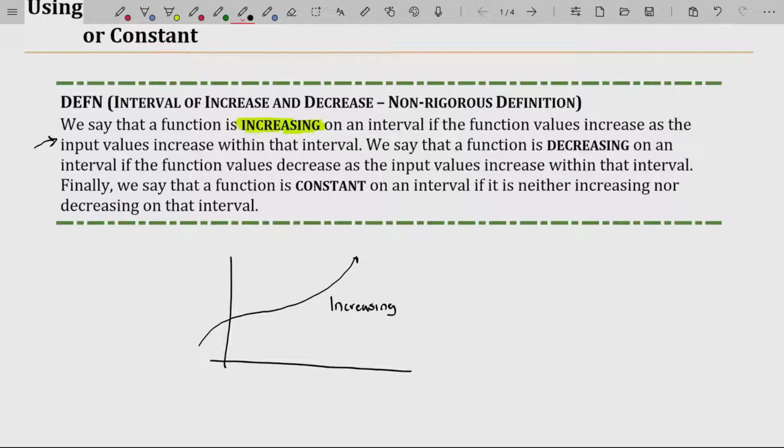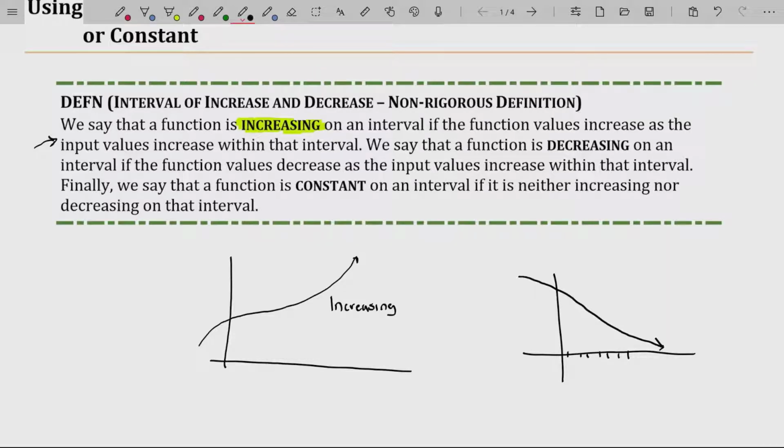We also say that a function is decreasing if the function values decrease as the input values increase on that interval. So you can imagine the input values will increase, the function values, which are also known as the y values, will decrease, and you can see from left to right that the graph is falling.